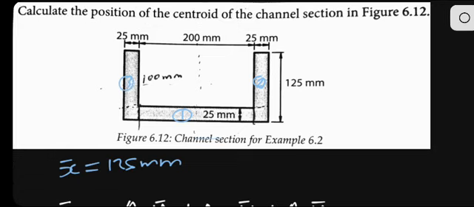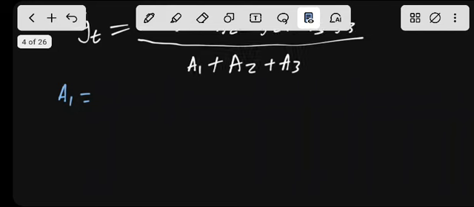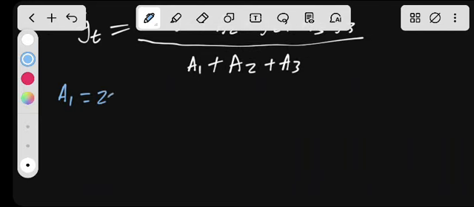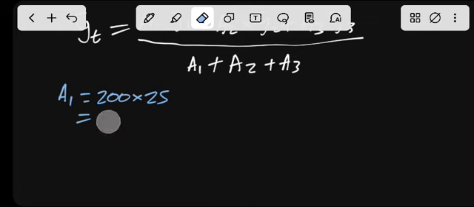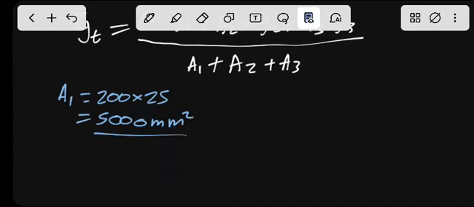From that, I see this was 200, so this will be 200 multiplied by this piece, which is 25. Since I've substituted in millimeters, our answer will be 5,000 millimeter squared.